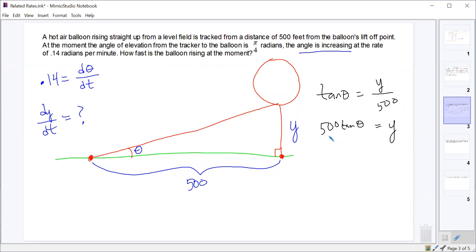So we're going to differentiate both of these things with respect to t, which ought to give us 500 secant squared theta d theta dt is equal to just dy dt. Good or no?